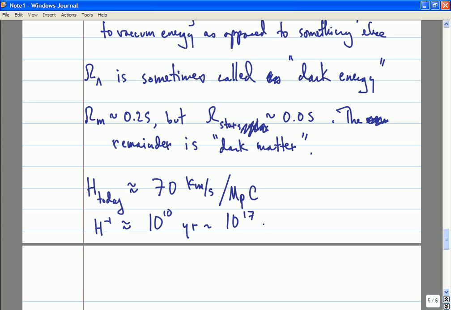That's roughly the age of the universe. If you put in the numbers and go through it in detail, you end up with something like 14 or 15 billion years between now and the early phase of the universe when light could no longer propagate, as we'll discuss in a second.